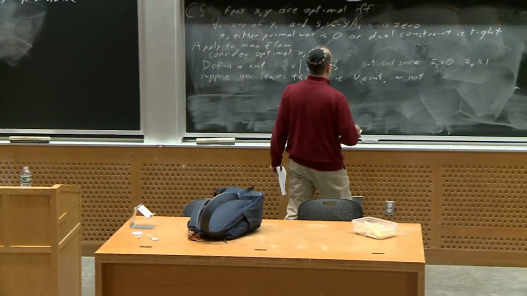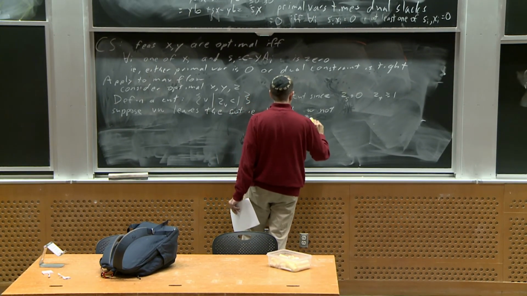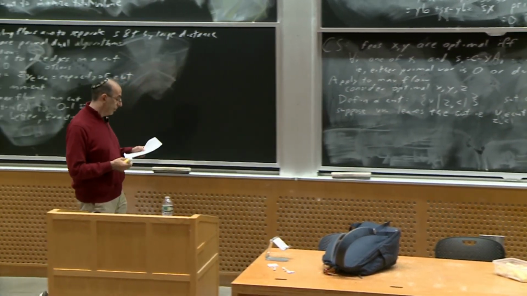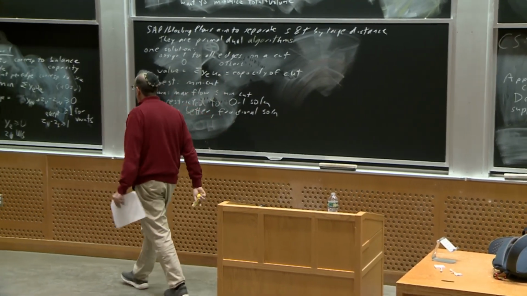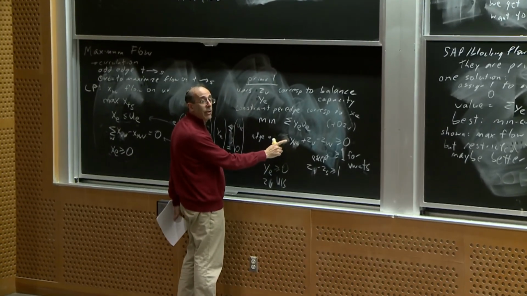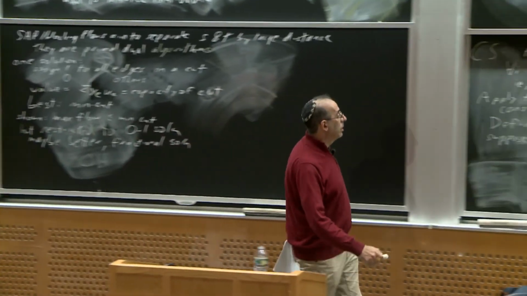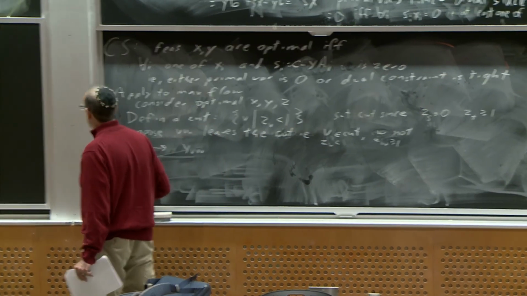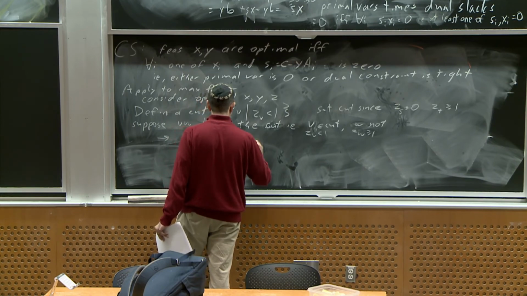Well, that means that ZV is less than 1, and ZW is greater than or equal to 1. But now if we go back to the edge constraint, we have this triangle inequality constraint here. So from that, we can conclude that YVW plus ZV minus ZW is greater than or equal to 0.